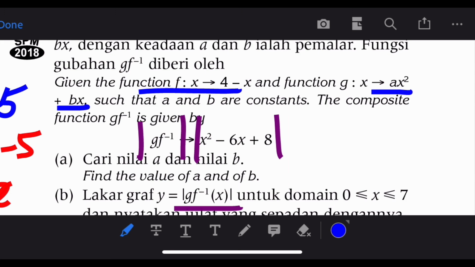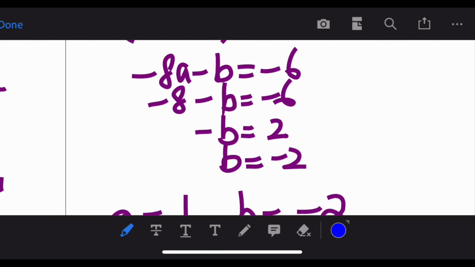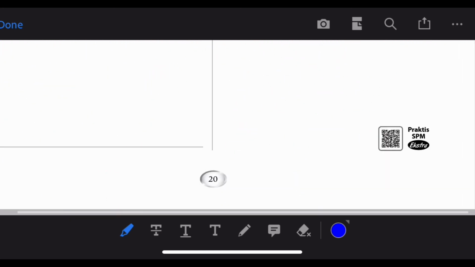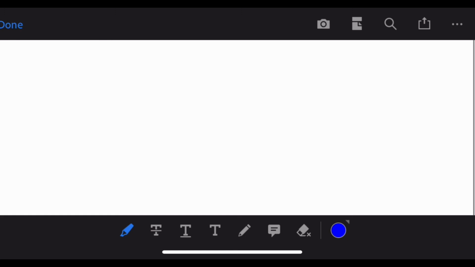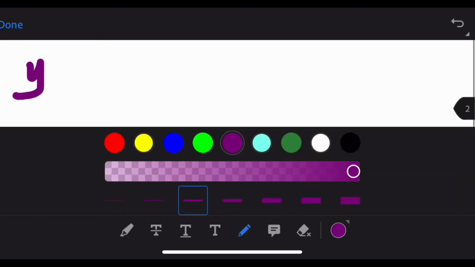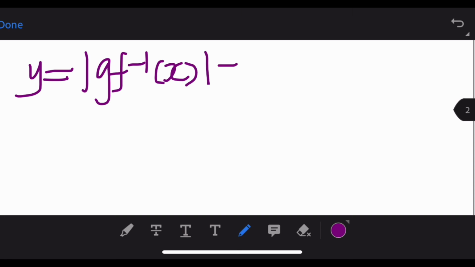In order to sketch the modulus graph, we have to be very careful and list out all the steps. So I write again, this is the graph that we are going to sketch.